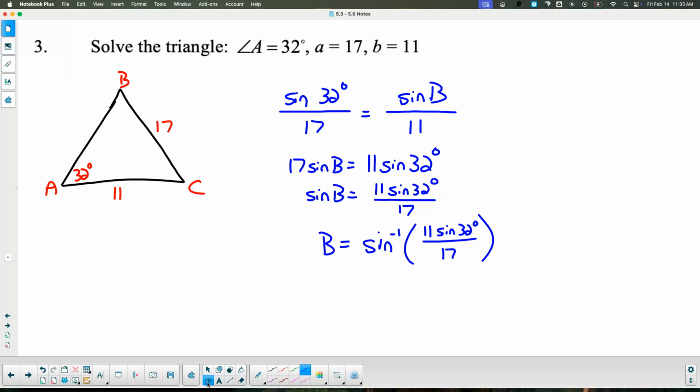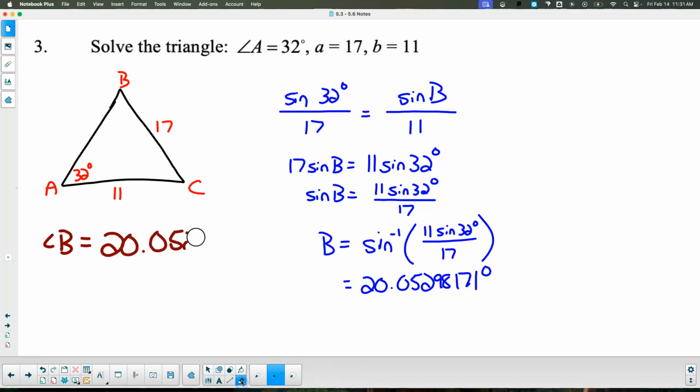Truthfully, I would just find 11 times the sine of 32 degrees, then divide that by 17, giving me 0.342888936, and then take the inverse sine of that, and that's going to give me 20.0529871 degrees. So angle B here is going to be 20.053.